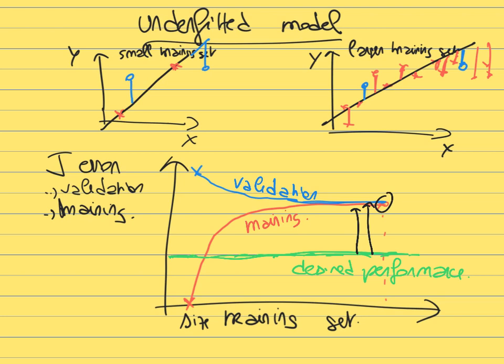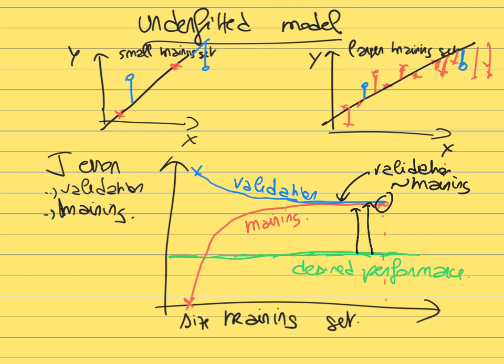So that's the first thing. The second thing is that in the case of an underfitted model, the validation error is going to be very close to the training error. Because in this case, your model is just so simple that it cannot even predict the training set well. So its ability to predict the training set will be as bad as its ability to predict the validation set.